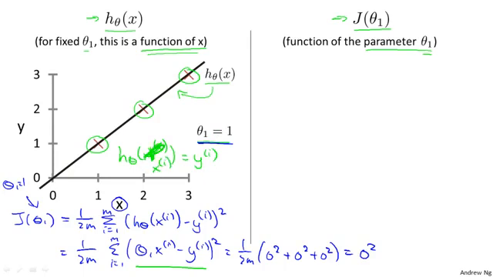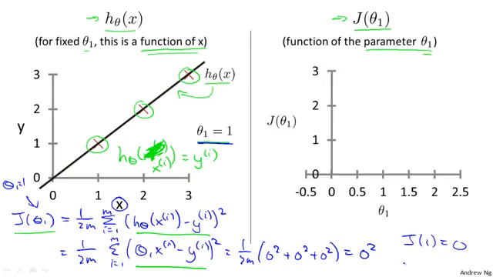And so h of x minus y, each of these terms, is equal to 0, which is why I find that J of 1 is equal to 0. So we now know that J of 1 is equal to 0. Let's plot that.